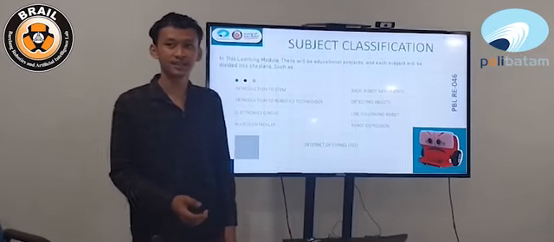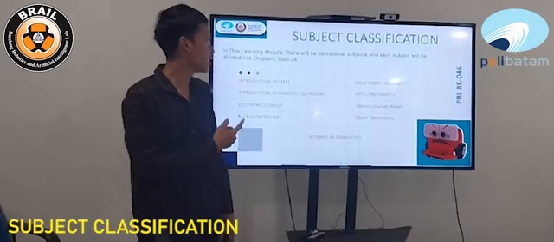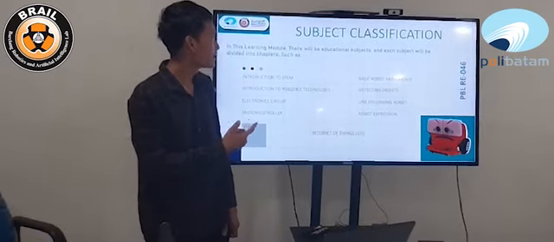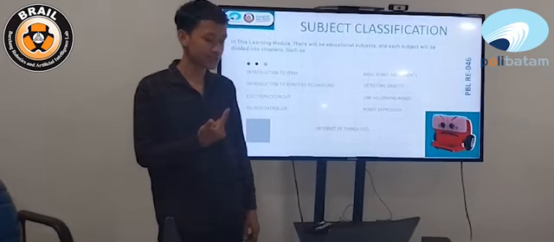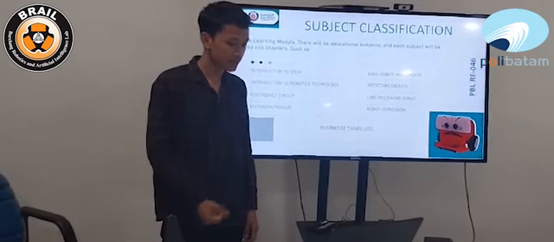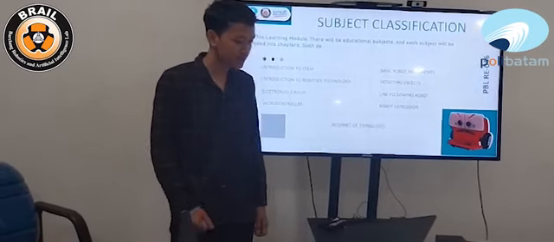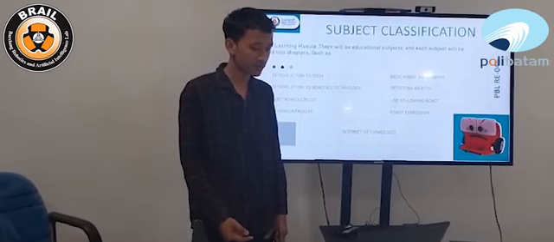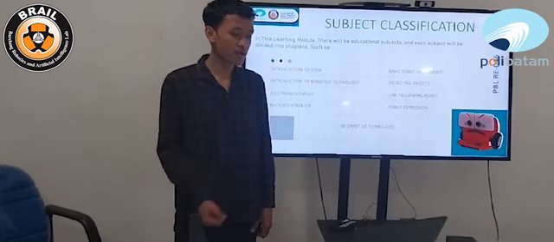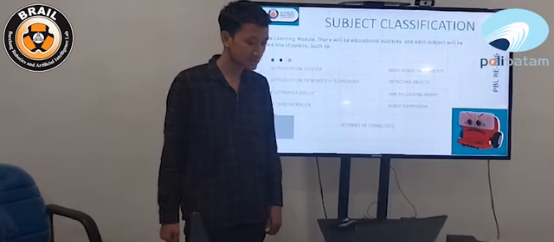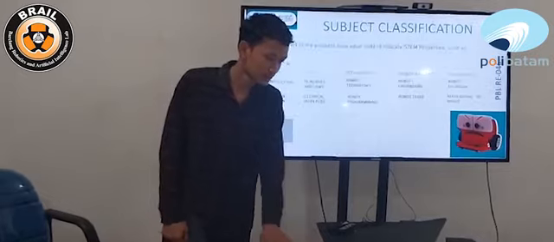Subject classification in the book. In this learning module, there are subjects, and each subject is divided into chapters: introduction to STEM, introduction to robotics, electrical circuit, microcontroller, basic robot movement, object detection, line following robot, robot expression, and IoT, Internet of Things.